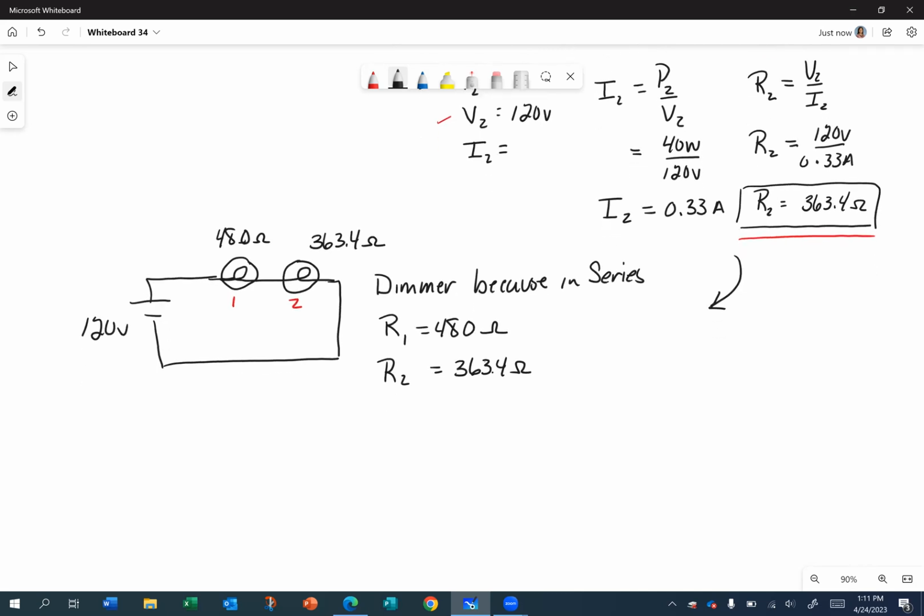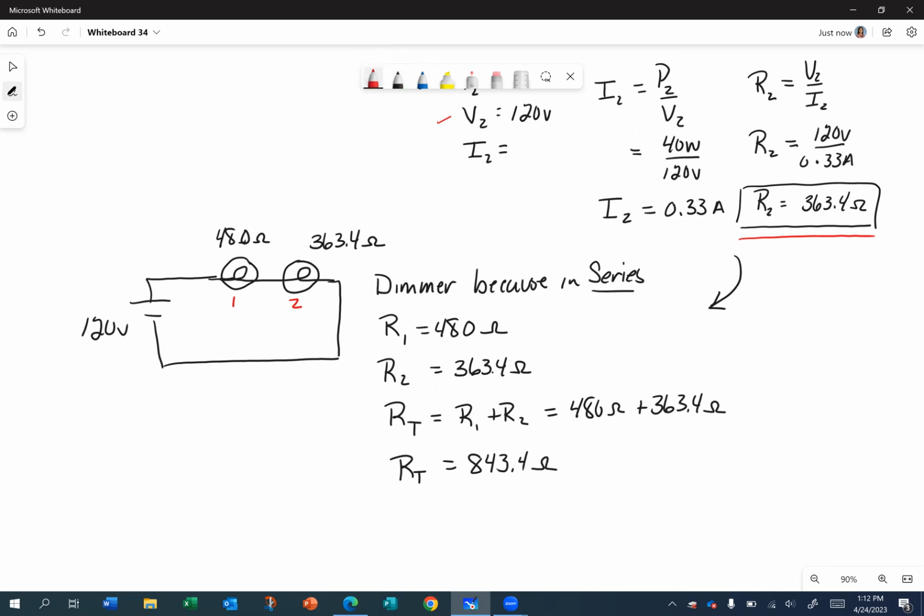So what I can find, since they are in series, is my resistance is going to add. Our total is going to be R1 plus R2. So that's going to be 480 ohms plus 363.4 ohms. So my total resistance comes out to be 843.4 ohms.